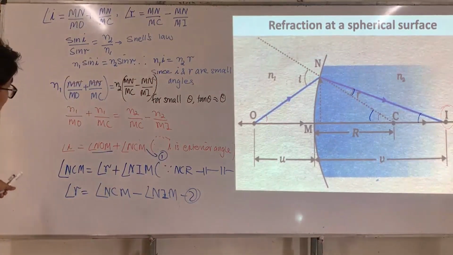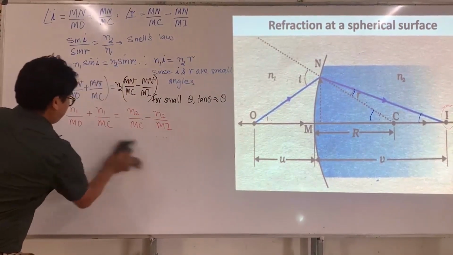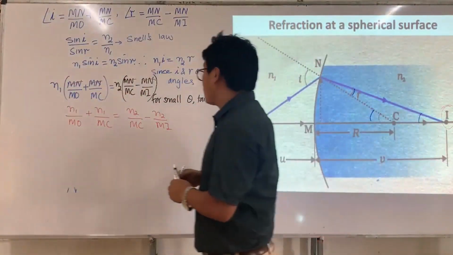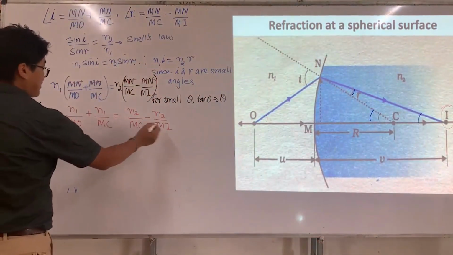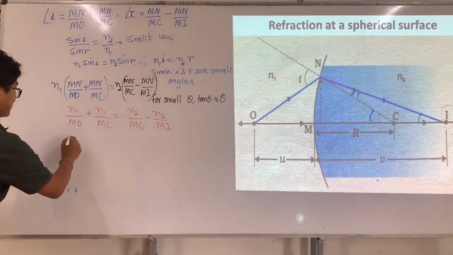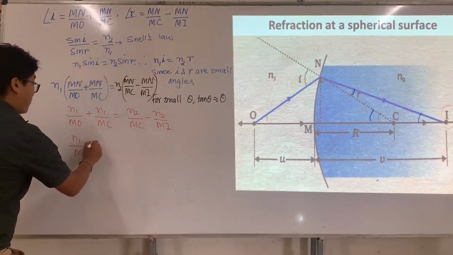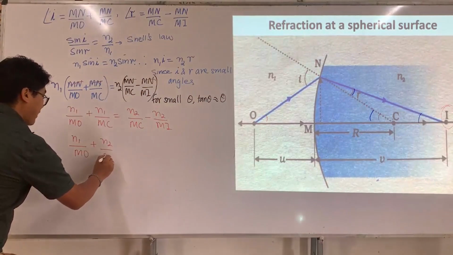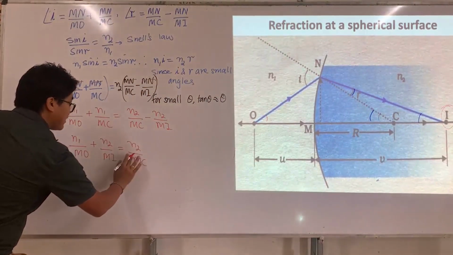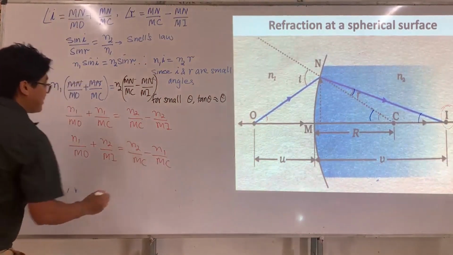Alright, now I will do some simplifications. That means I'll bring this to one side and this to the other side: N1 divided by MO plus N2 divided by MI is equal to N2 divided by MC minus N1 divided by MC.